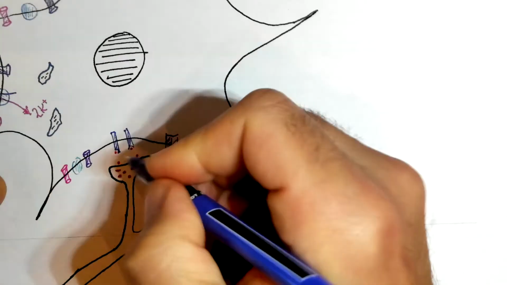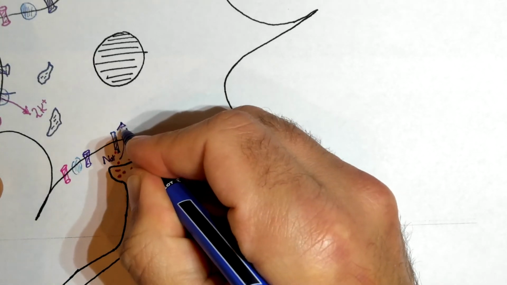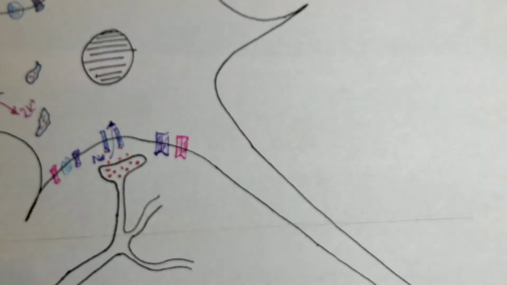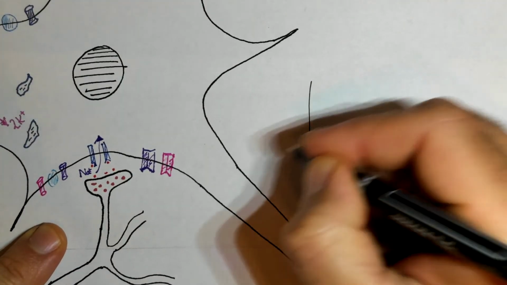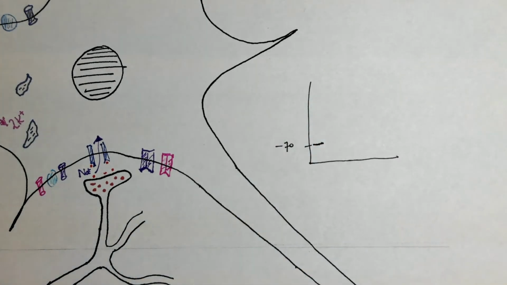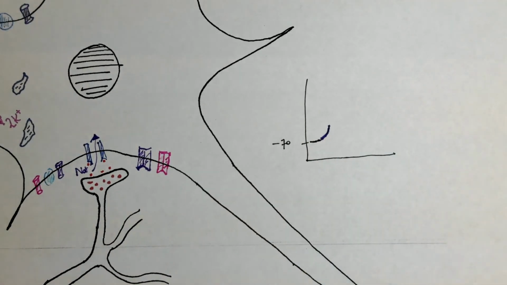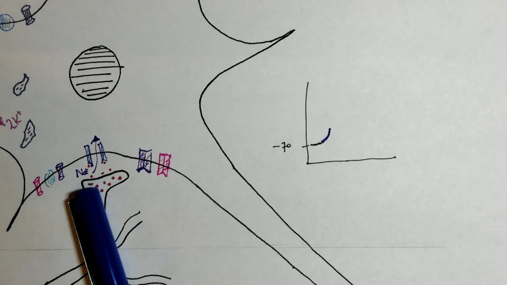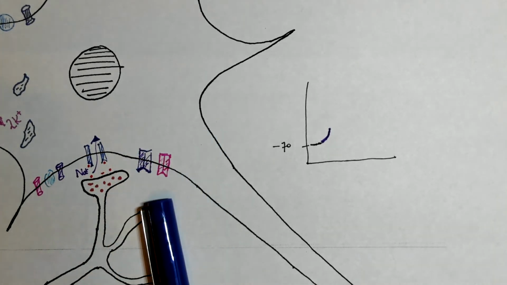Our sodium ends up going in, and we will start to depolarize the neuron, right? So we start to depolarize the neuron. The next thing we want to do is realize what happens after this. And that's when we look at these voltage-gated channels.